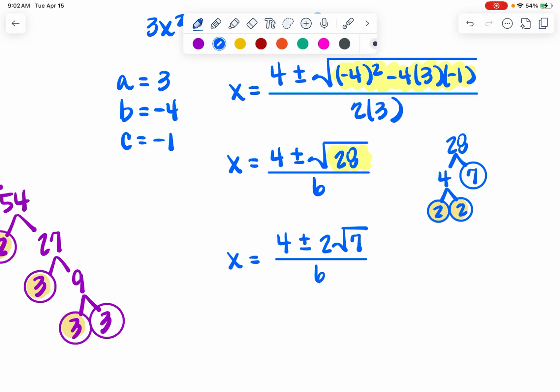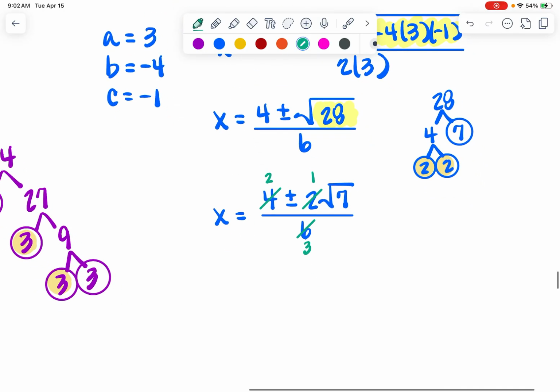And then we want to check to see if it's reducible. So is there a GCF or a number that goes into 4, 2, and 6? Yes, there is, right? They're all reducible by 2. So I'm going to divide everybody by 2. That's just going to give me a 1, and this will turn into a 3. Which means when I write my final answer there, I get 2 plus or minus 1 root 7.